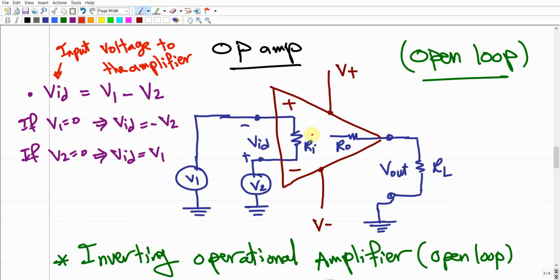This depends on the gain. If we assume that the gain of this amplifier is A, then we expect that V output should equal the gain A times VID, the differential input signal to the amplifier, which depends on the difference as we defined up there.